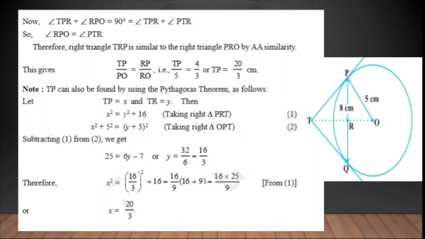Now similarly, if you take the OPT triangle, here again this angle is 90 degrees, so it will be a right angle triangle. In this case, this is x, this is 5, and this one is y. You have considered TR as y, and in the previous slide you evaluated the value of OR as 3.